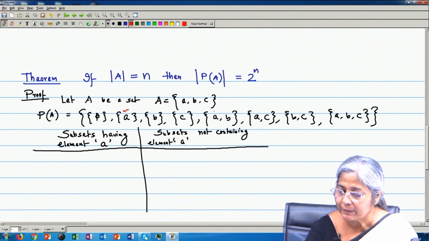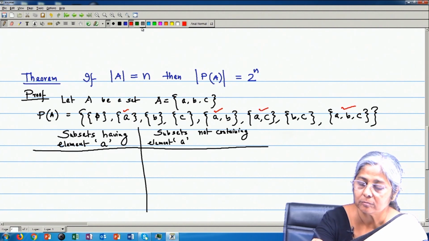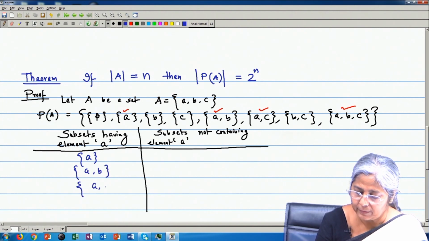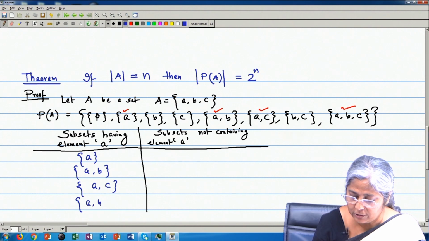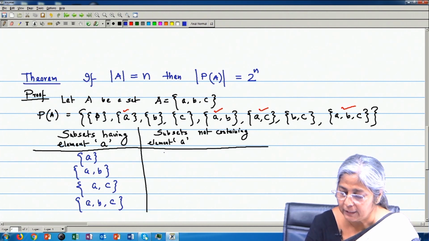These are {a}, {a, b}, {a, c} and {a, b, c}. These are the 4 subsets that contain the element a, and the remaining do not contain the element a.